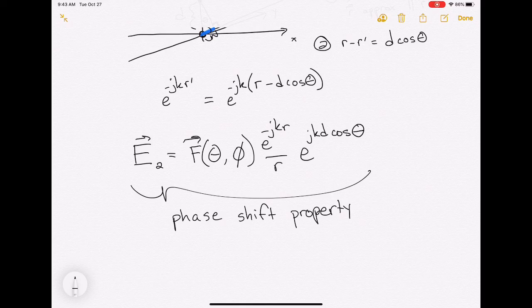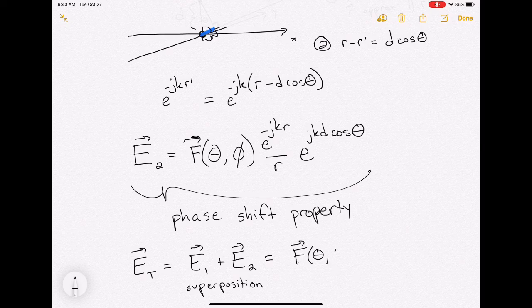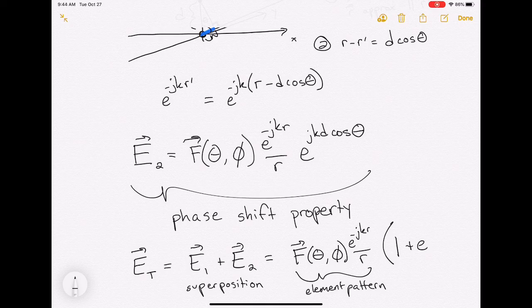So, if that's the case, then the total electric field from this array, which would be electric field from antenna number 1 plus electric field from antenna number 2 because of superposition, is just going to be equal to the element factor or the element pattern multiplied by the sum of the phase shifts for the different elements, which we call the array factor.